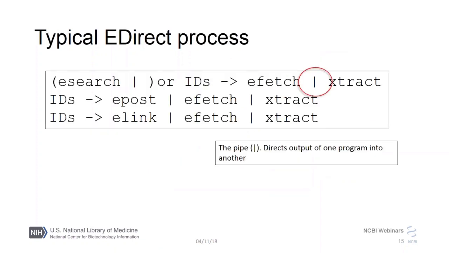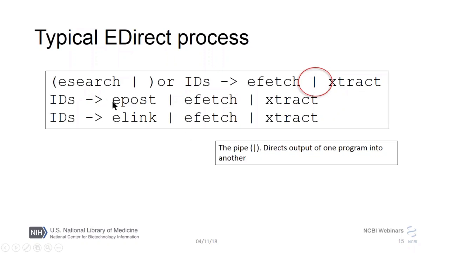So a typical EDirect process would be something like this. You're starting with IDs. Now, you could get them from the program eSearch. We won't talk about eSearch today, but say we have some IDs. We put them into eFetch, and we pipe, that's the Unix pipe, to the other program, extract, and we try to get some information out of that using this parser.